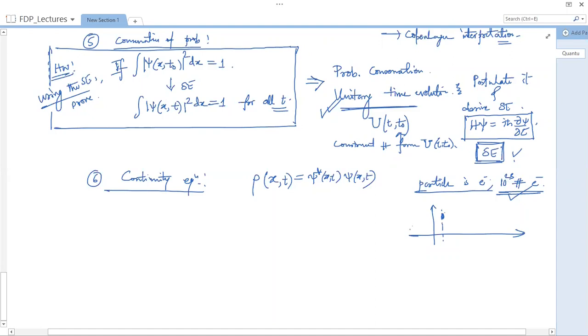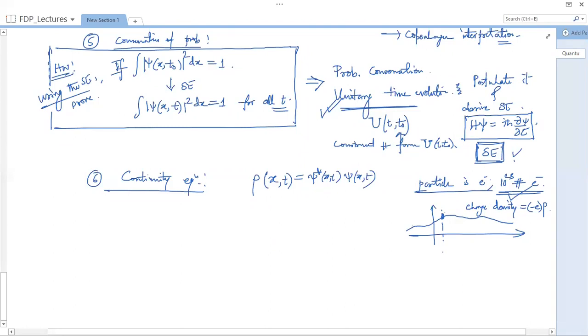So since I have many electrons, I'll get a kind of density of electrons. So my charge density will be the charge of the electron times this probability density.